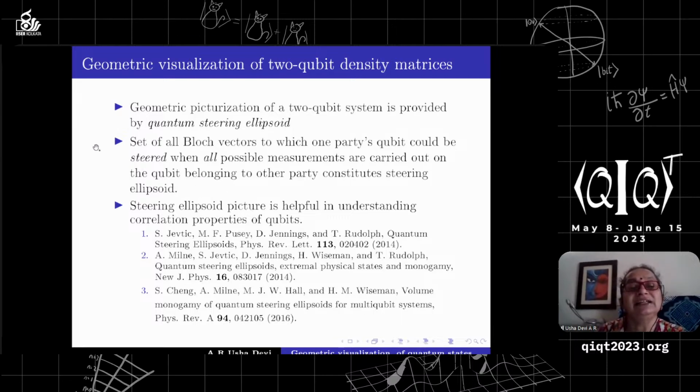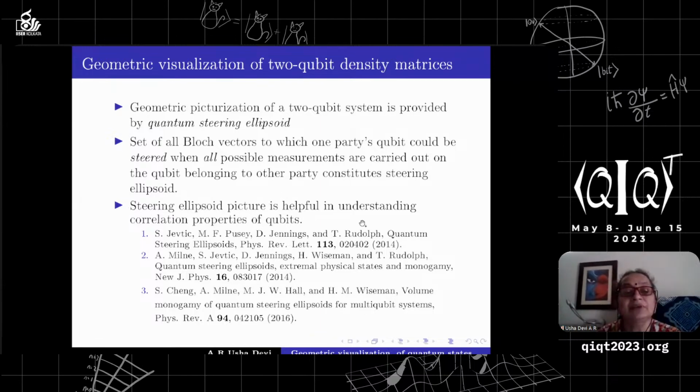You can reconstruct your two qubit density matrix if you know the steering ellipsoid. There is a correspondence between a steering ellipsoid and the two qubit density matrix that you started with. So that gives you a geometric picture.